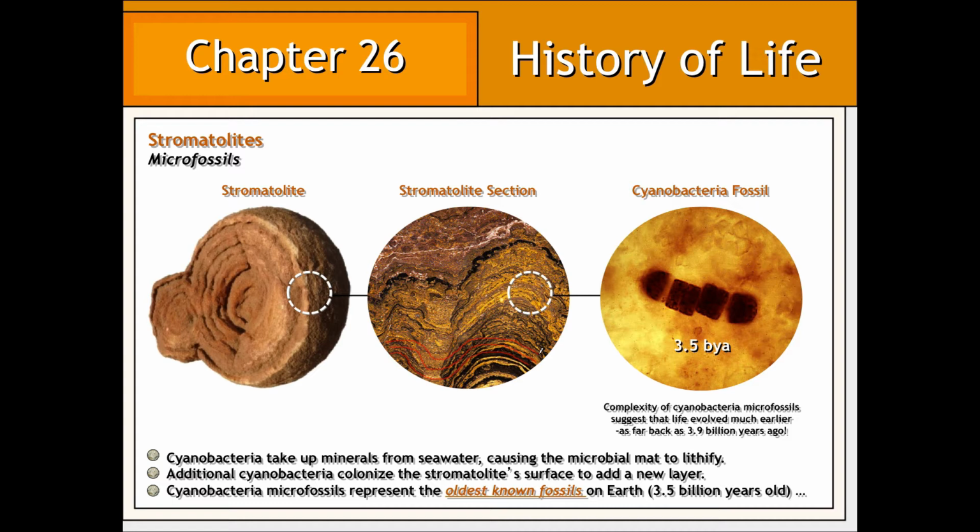When we look closely at these stromatolite sections, what we tend to find are microfossils of ancient cyanobacteria dating back roughly 3.5 billion years. These are the oldest known fossils on the planet.